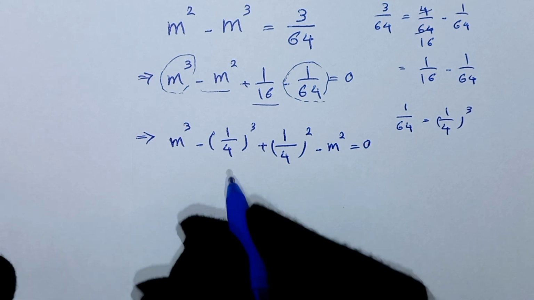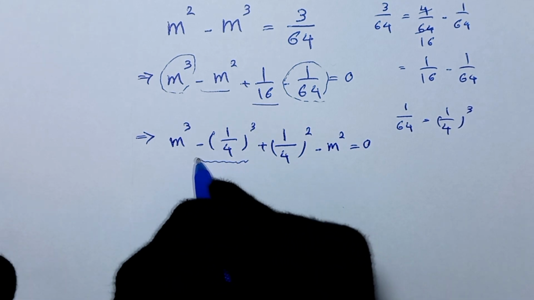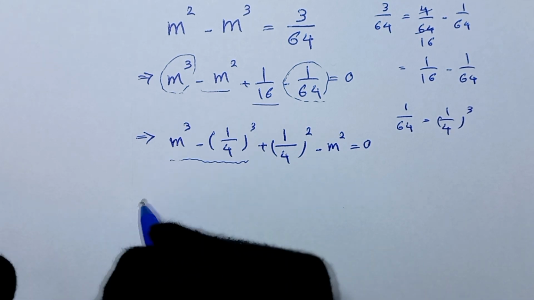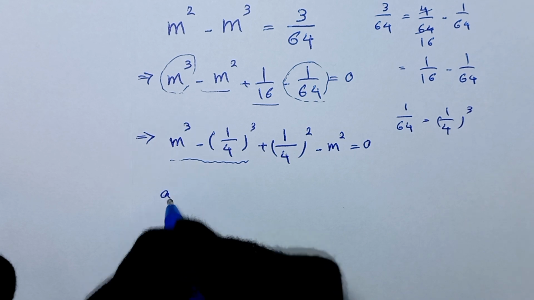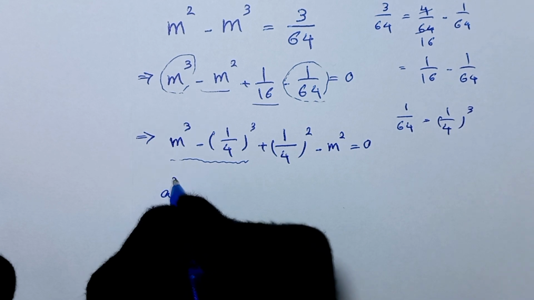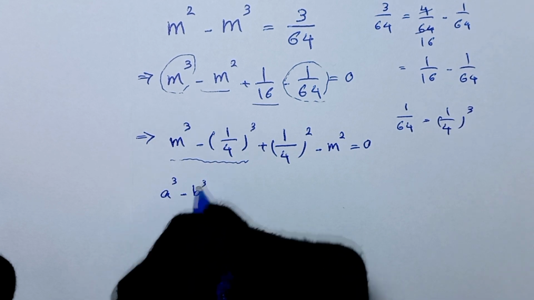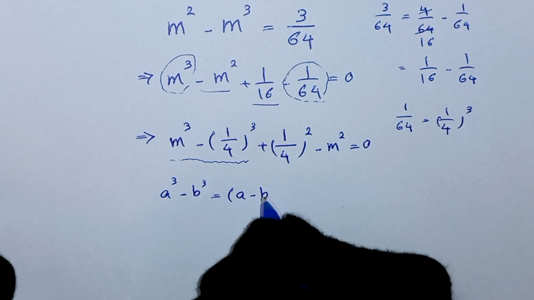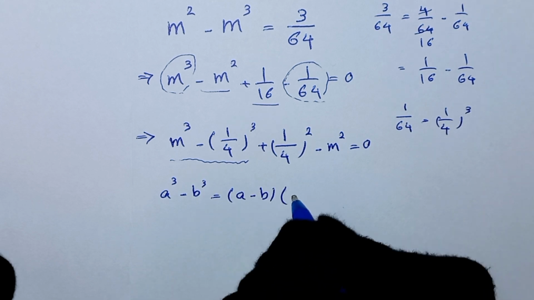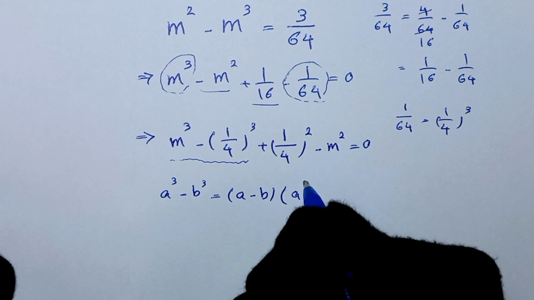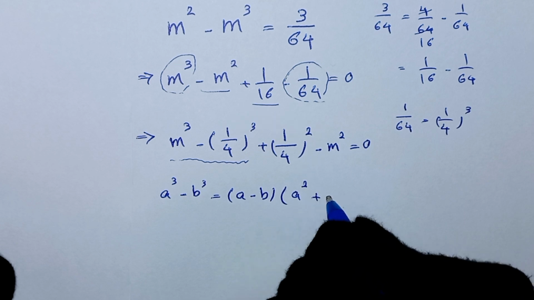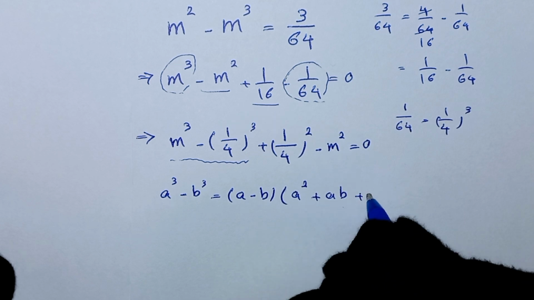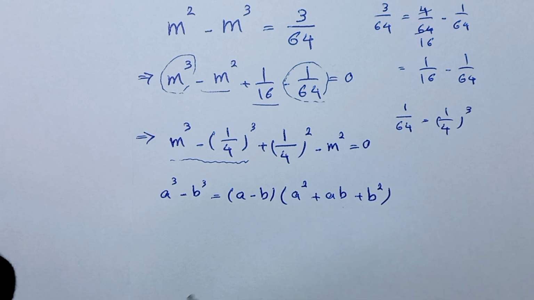And in the next step, this and this are in the form of a cubed minus b cubed, and this is equal to a minus b times a squared plus ab plus b squared, right?